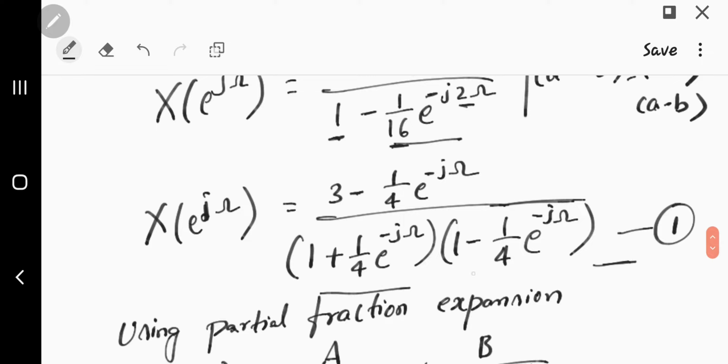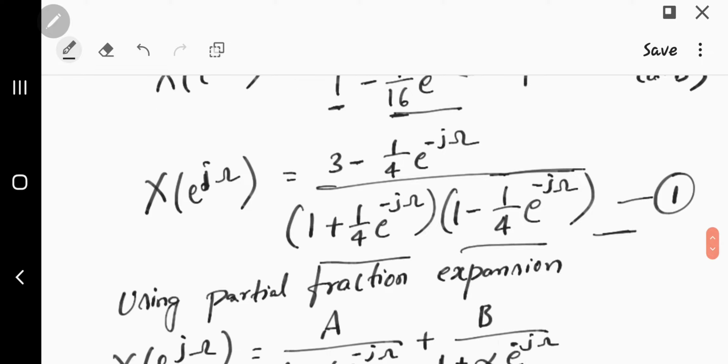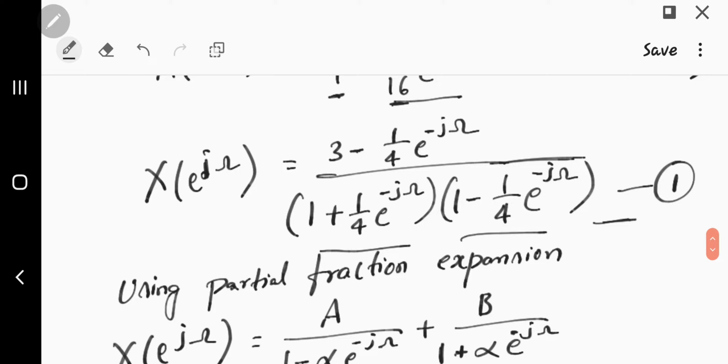So you have to bring it into this form to apply partial fraction expansion, and you have to remember that the order of the numerator should be less than or equal to the denominator. I think it should be less than. Okay, so the order of the numerator should be less than the order of the denominator. That thing you have to keep in mind.